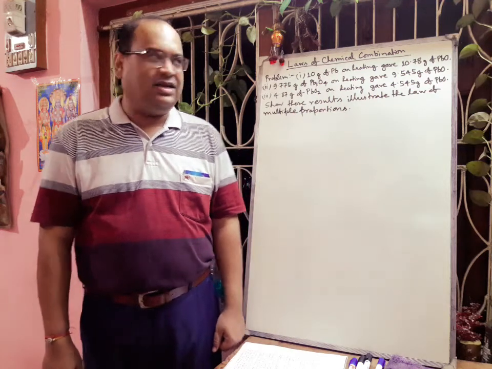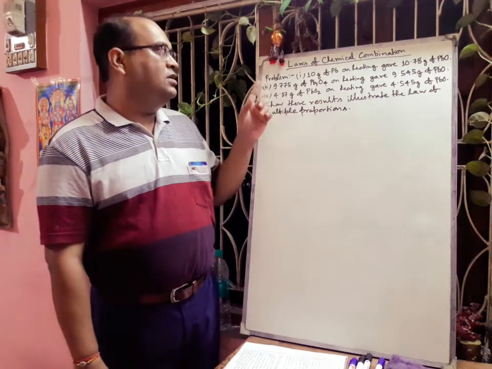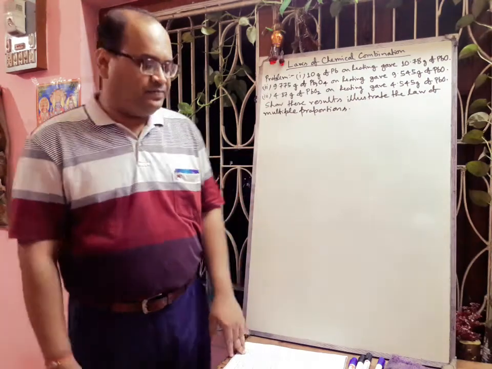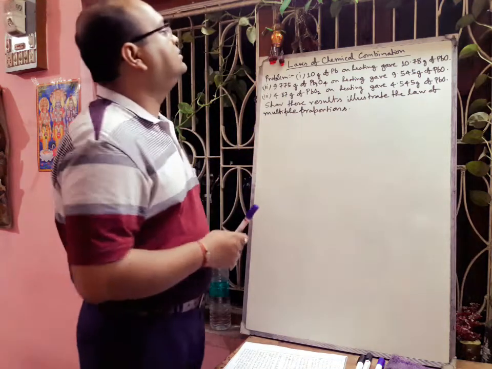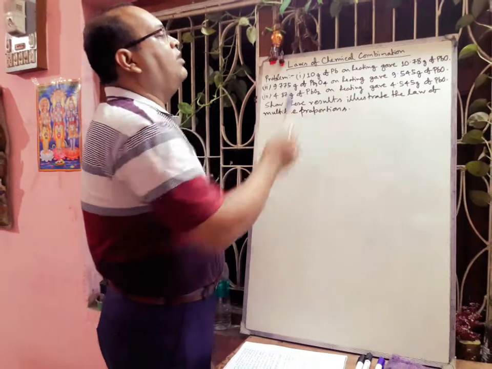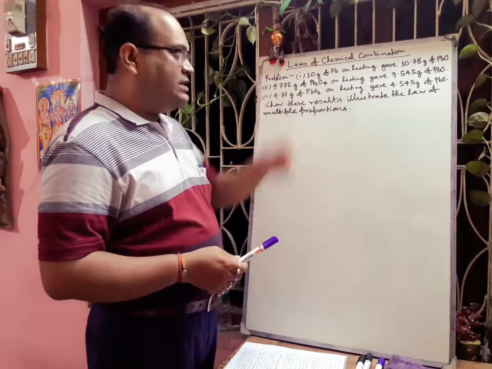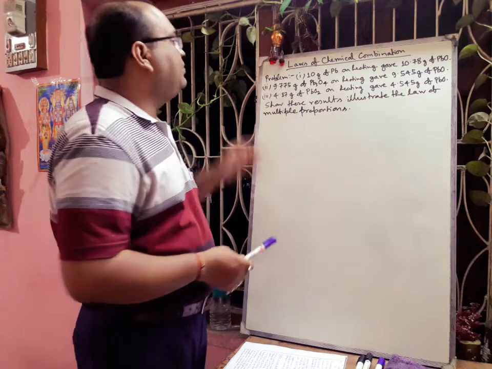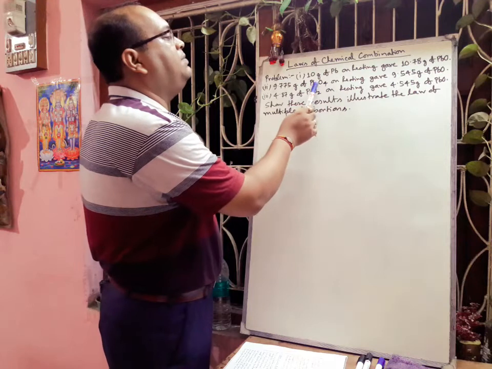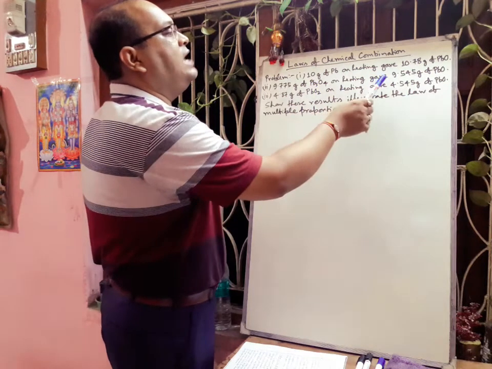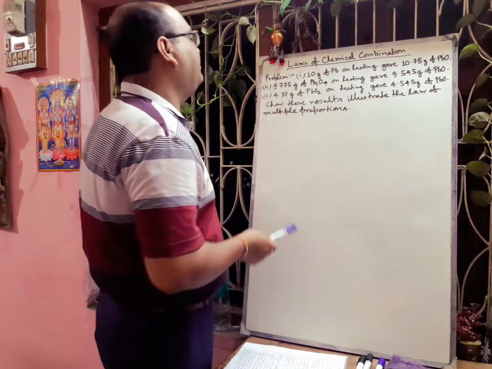Today, I'll discuss some numericals on laws of chemical combination. Your first problem is written here. Problem 1: 10 gram of lead on heating gave 10.78 gram of lead oxide, and 9.775 gram of red lead, that is Pb3O4, on heating gave 9.545 gram of litharge, that is PbO, lead oxide.